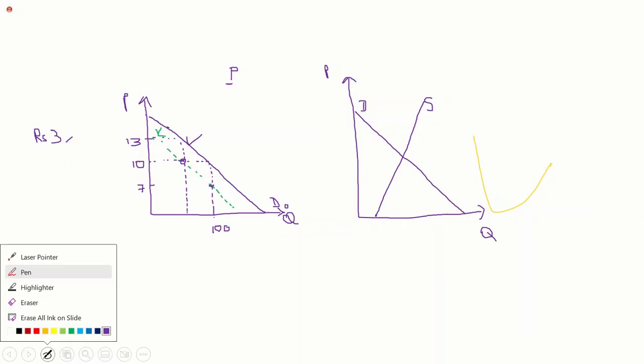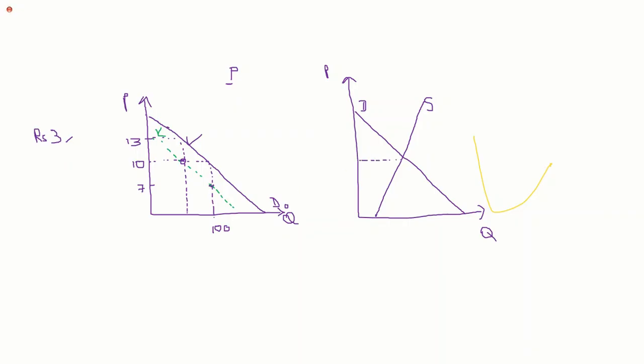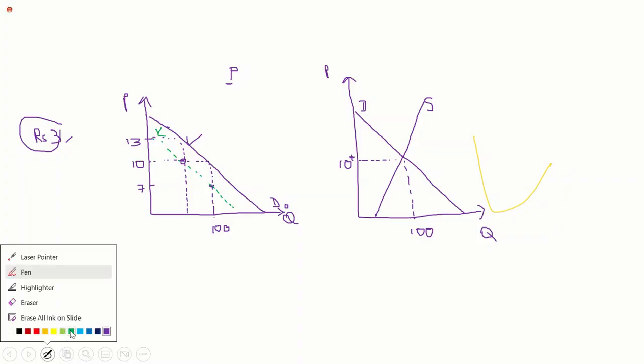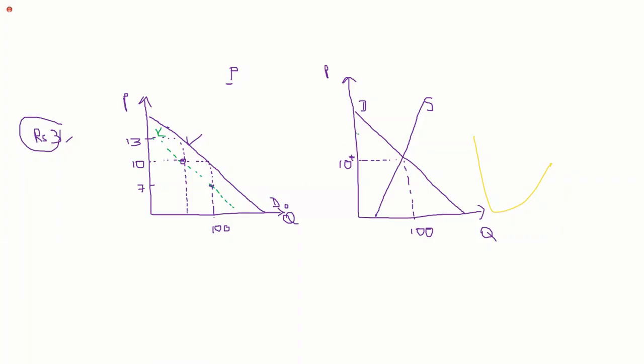Let's say now this is the original demand and supply. Let's say this is 10 rupees per kilo, the original equilibrium price, and at that price people would demand 100. The tax amount is 3 rupees per kilo, and we now know that because of the tax, the demand curve would shift this way.